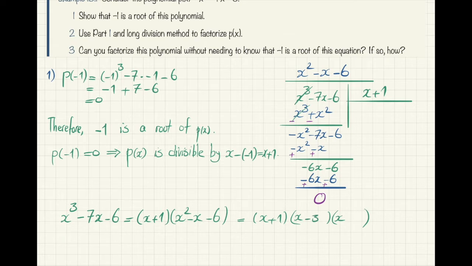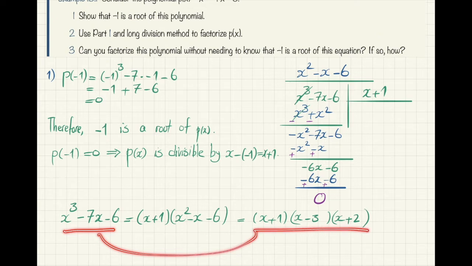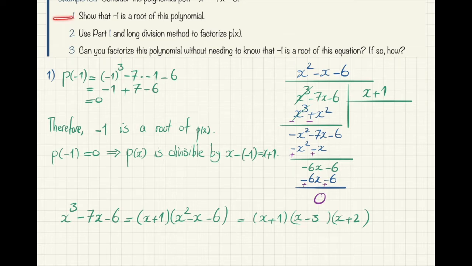Yes, that's -3 and then +2. Yes, and then look what happens. If you see here and here, you see that this expression is fully factorized. So you see how this extra piece of information actually helped us to factorize this polynomial.